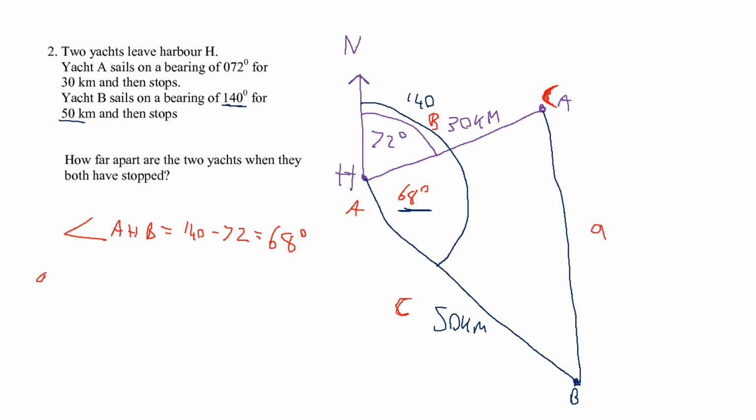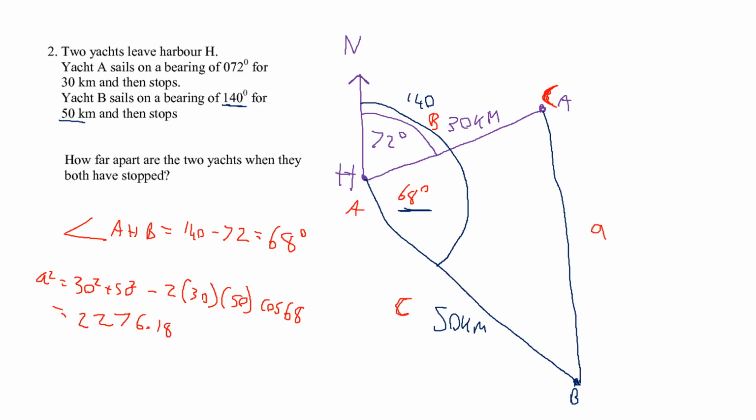So then A squared is equal to 30 squared plus 50 squared minus 2 times 30 times 50 cos 68. Plug that into your calculator. I get an answer of 2,276.18.